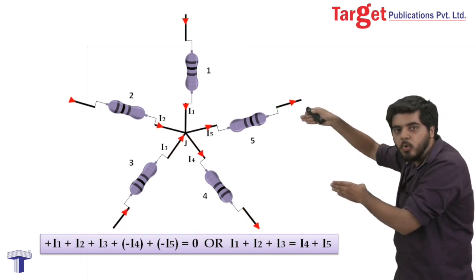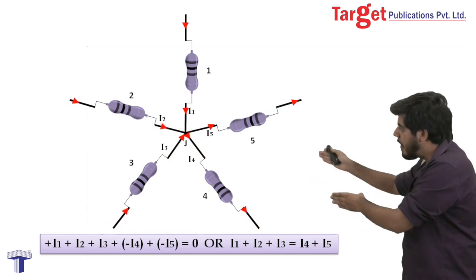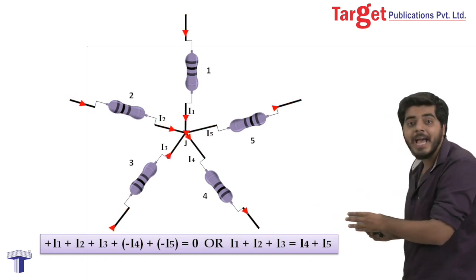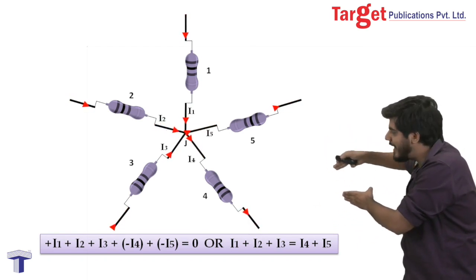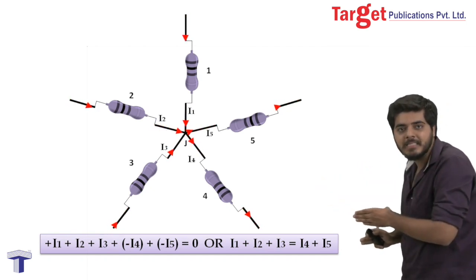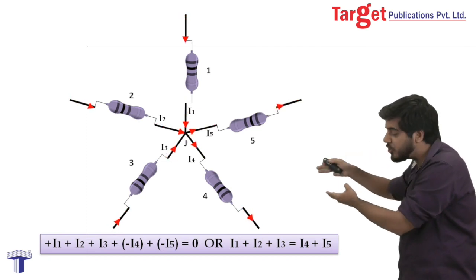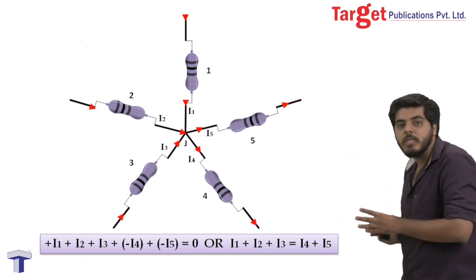My current I2, again coming inward, I write as plus I2. My current I3 is coming inward, I am writing it as plus I3. My current I4 is moving outward, I am going to write it as minus I4. My current I5, again moving outward, is minus I5, and the sum is always equal to 0.